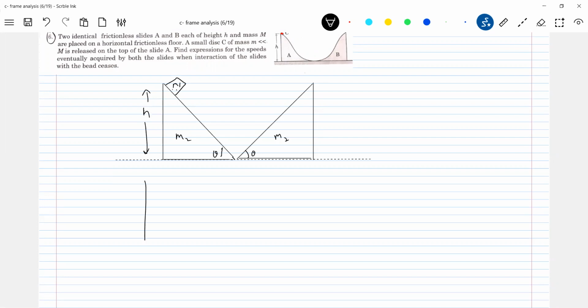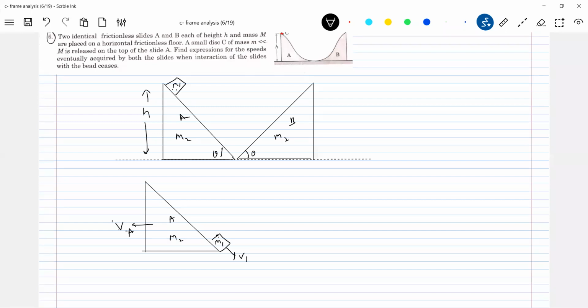So finally, what we'll get is, when this is here, M2 will have V2, velocity, or VA we'll call it. This is A, this is B. This will have velocity V1.